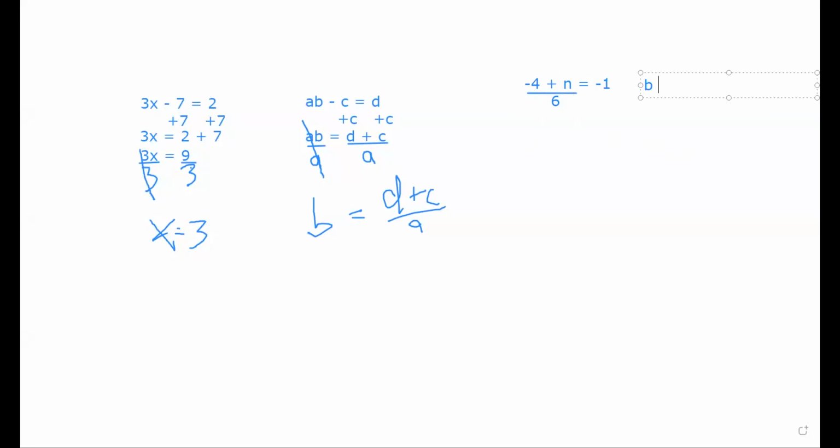The other one was B equals A plus M over 7. It's -1 in the original on the slideshow.